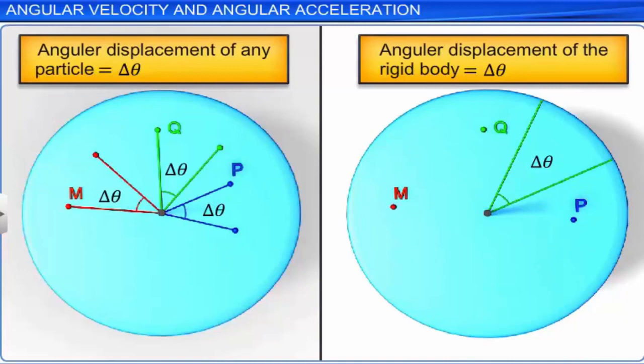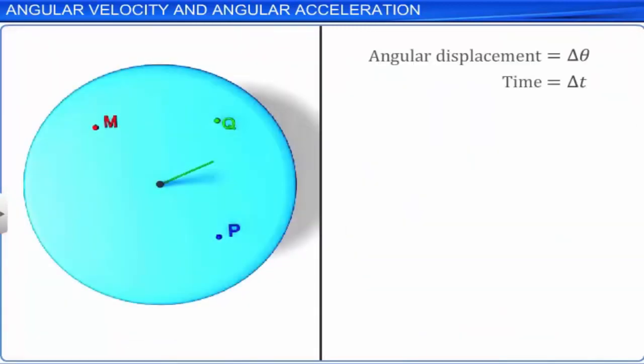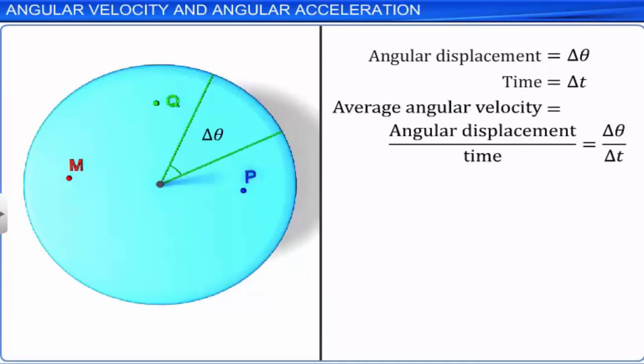If the angular displacement of a rigid body is delta theta during a small time interval of delta t, then the average angular velocity of the particle is defined as the ratio of delta theta to delta t.